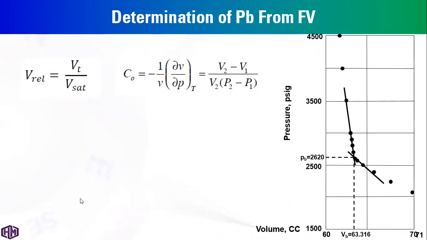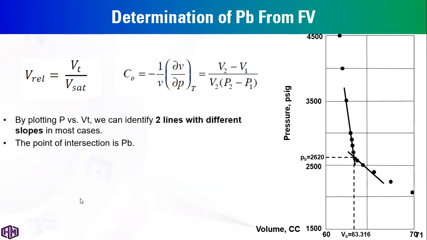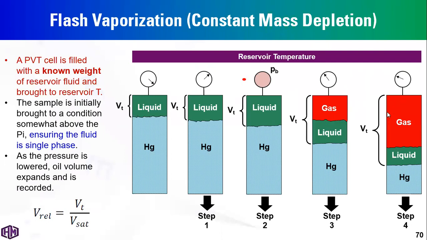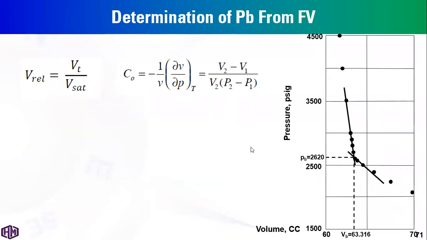We have to have two straight lines with different slopes, which means at this point we have a much larger increase in the total cell volume due to the release of gas below the bubble point. So VT increases much more at pressures less than the bubble point pressure.